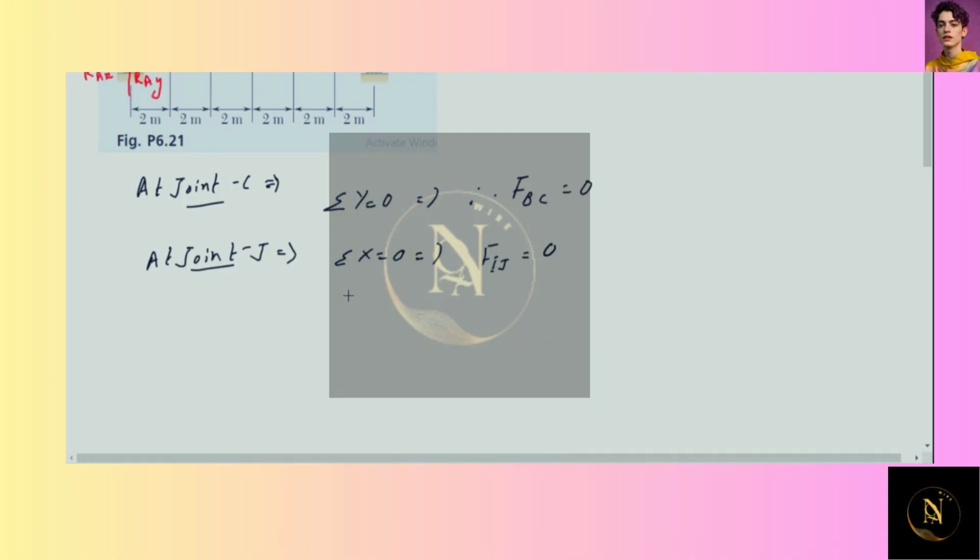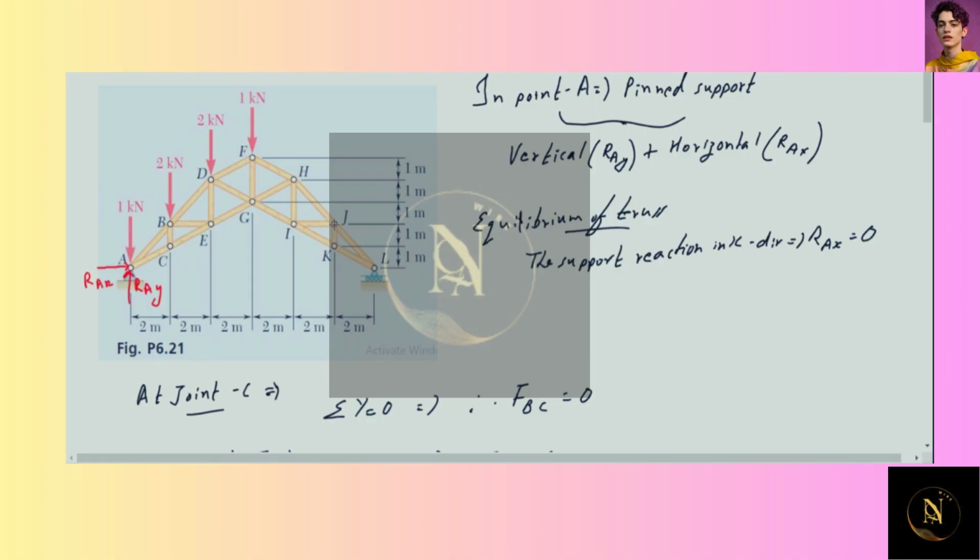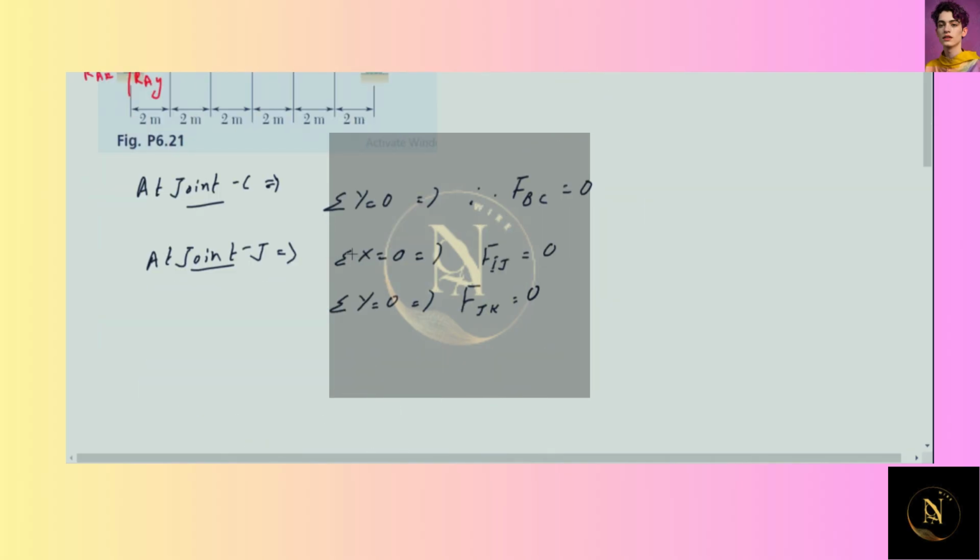And summation along y gives you FJK also equal to 0, because FHJ is collinear to FJL. That's why FJK is a zero force member.